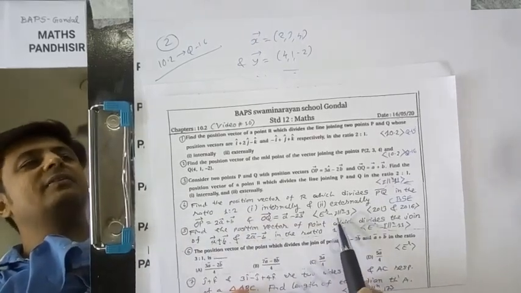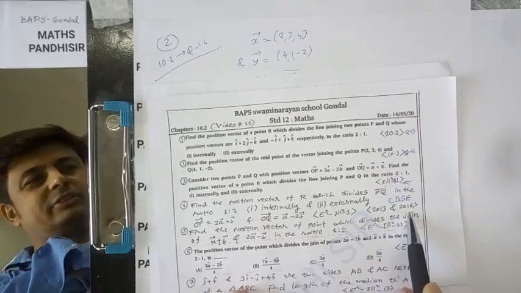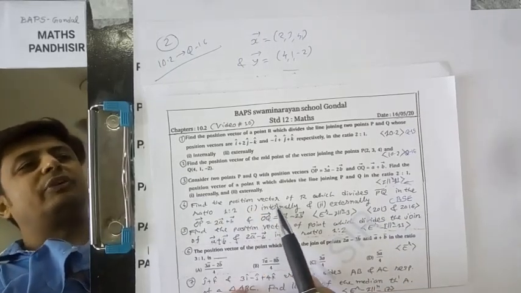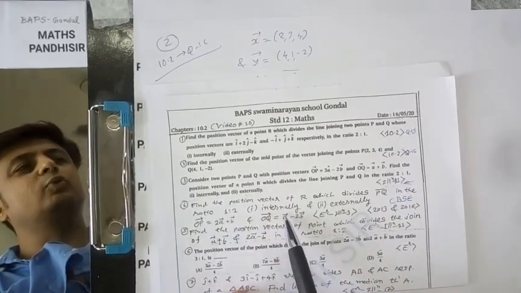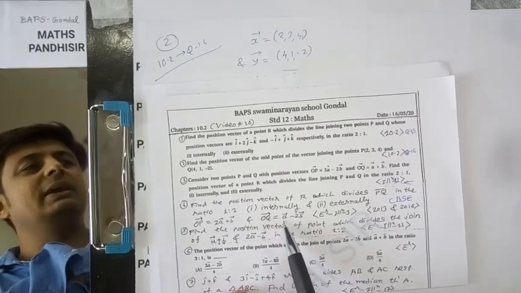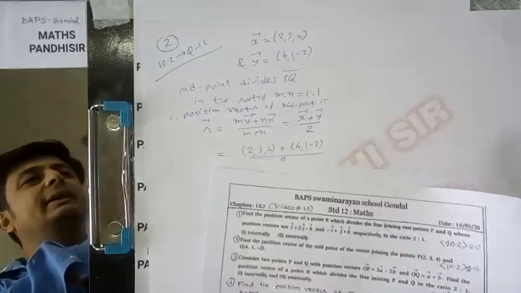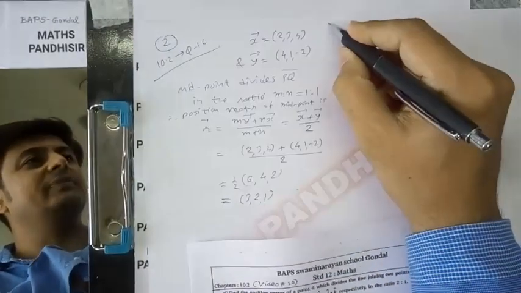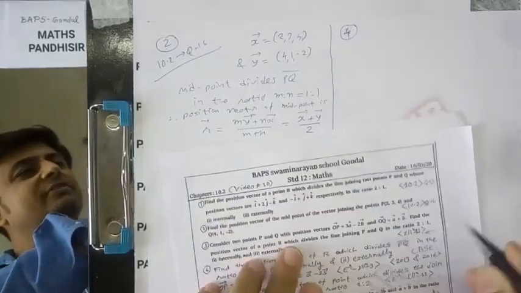Look, this is an exemplar illustration, and it was asked in CBSE paper 13 and 16 both. We want to find the position vector of R which divides PQ line segment in the ratio 1:2 internally and externally, with position vectors 2a plus b and a minus 2b. This is x, this is y. So internal and external again. So let us see what happens here. Question number 3 is an illustration of the textbook.